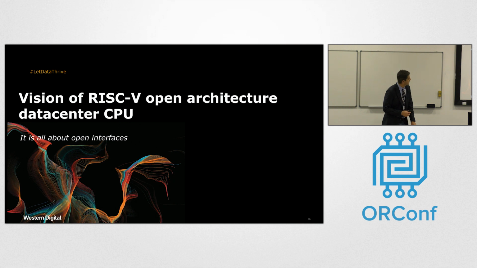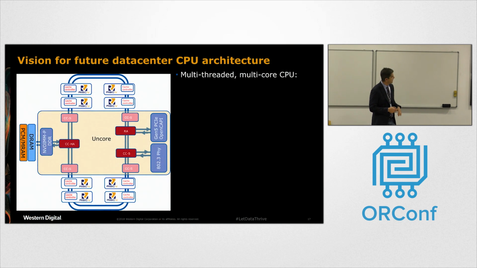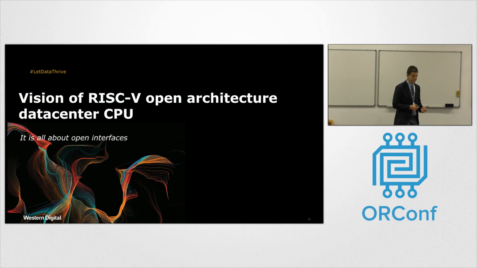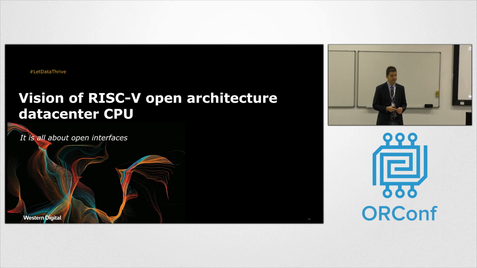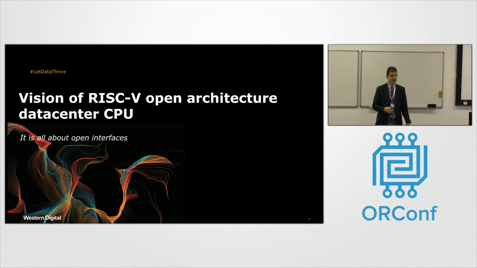Okay, and the second part of my talk is about a RISC-V open architecture data center CPU, which is all about open interfaces, and which is actually the primary reason I got attracted to RISC-V. I met Professor Krste and Professor Borivoje Nikolic from Berkeley. I had a summer intern in my team learn about RISC-V.